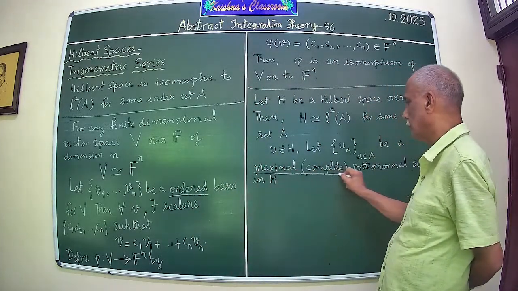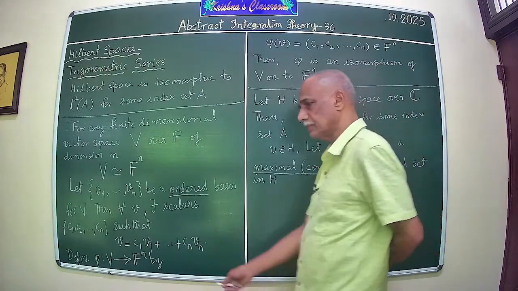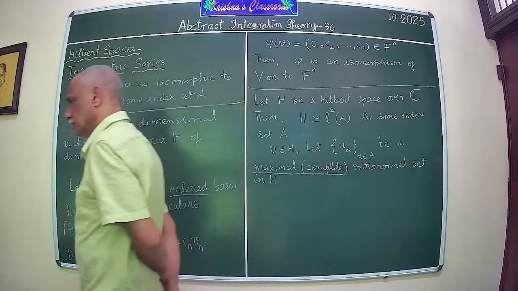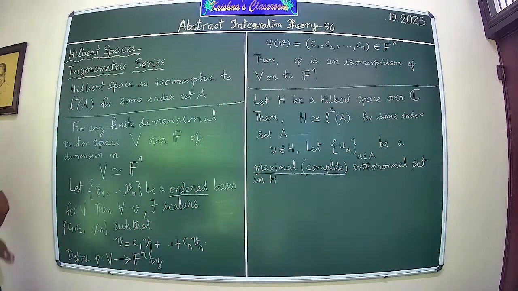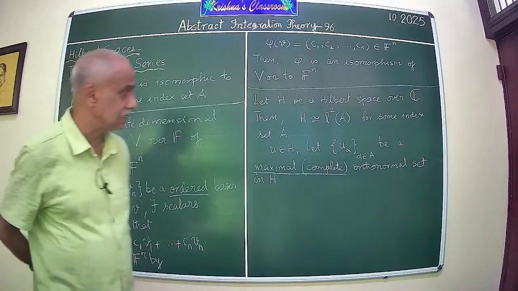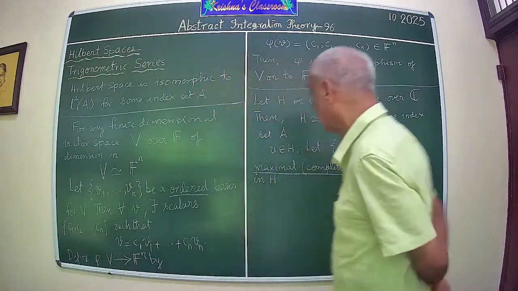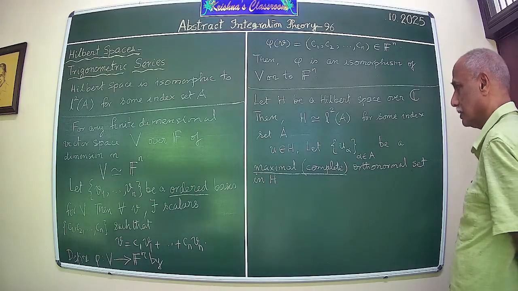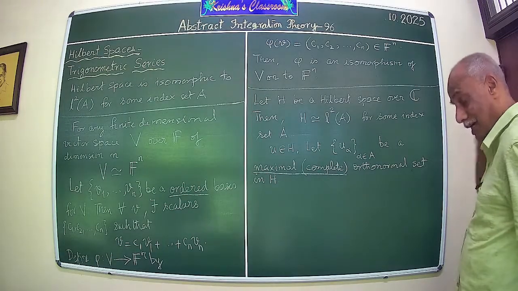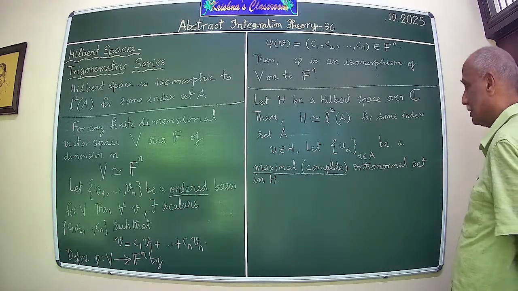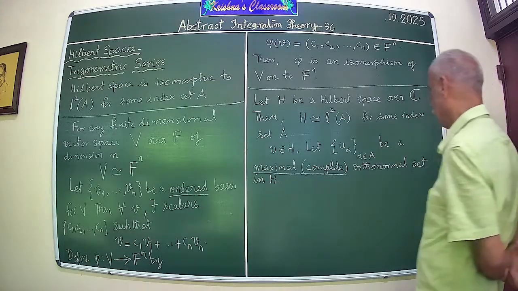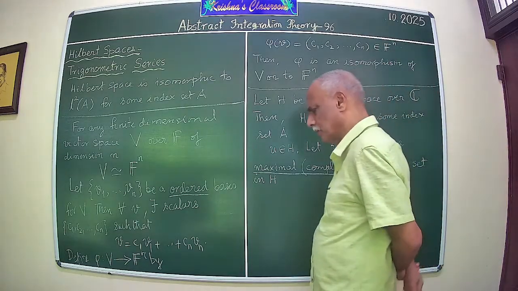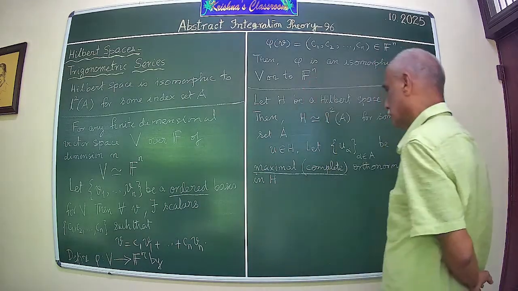The last result that we have proved is that if H is a Hilbert space, there always exists a maximal orthonormal set in H. So the existence is no problem. And in fact, there are several such possible maximal orthonormal sets. It is not unique. Now this is important.